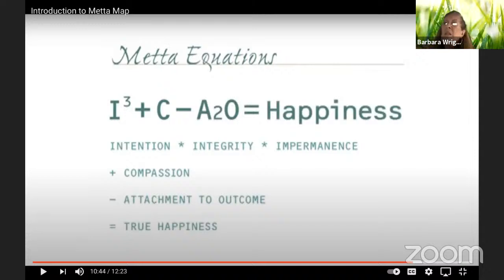This is where the meta map comes in. It's really allowing for our complexity, having right view, seeing what's real. My intention is to do well in school. I have compassion. I'm not a math genius.